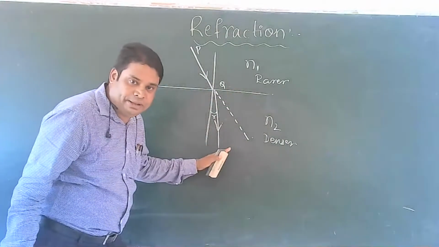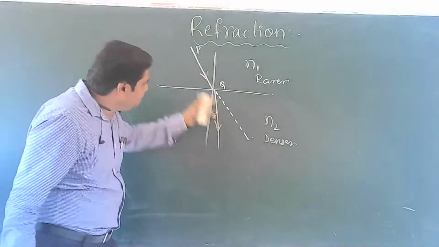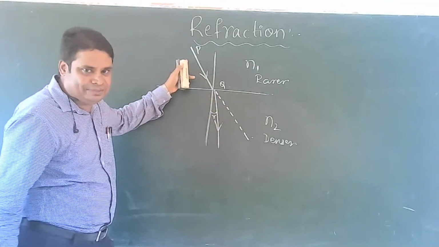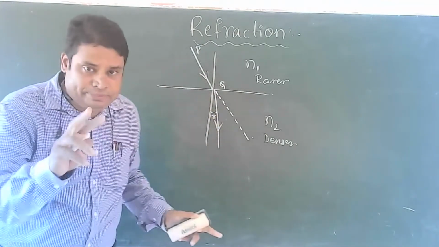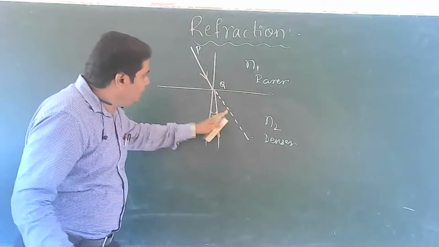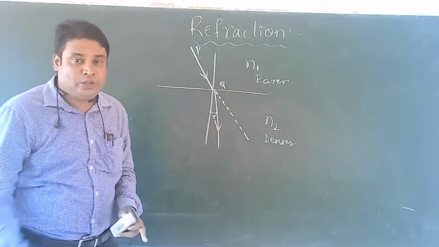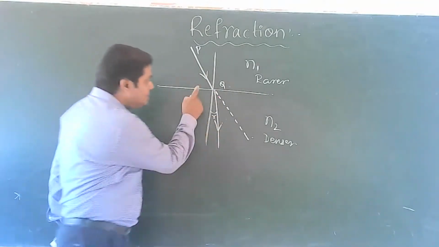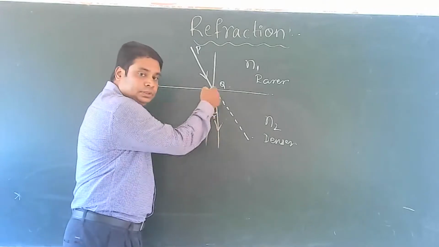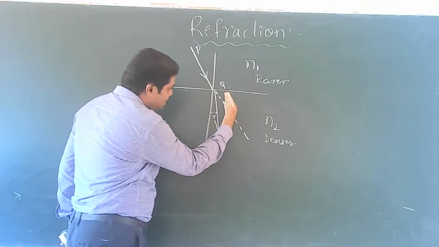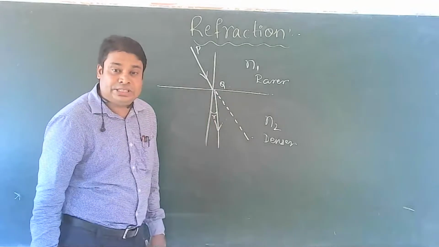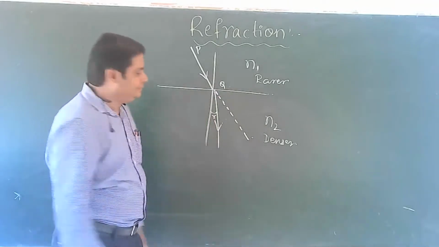In the absence of second medium, this will be the path traced by the incident ray. Due to presence of second medium, we know the ray just changed its path.